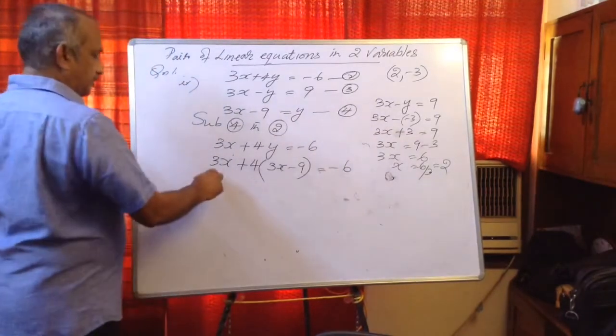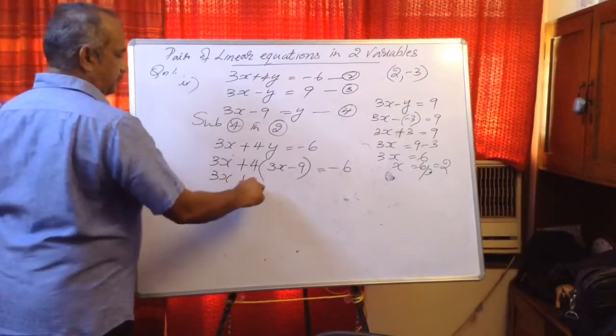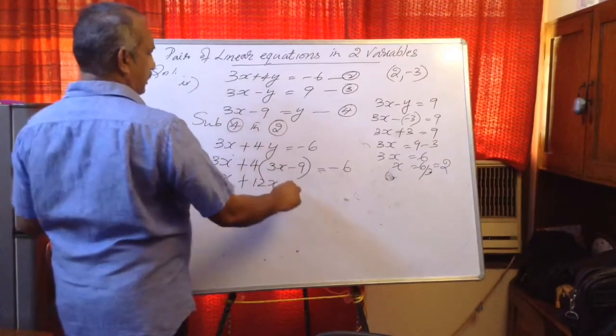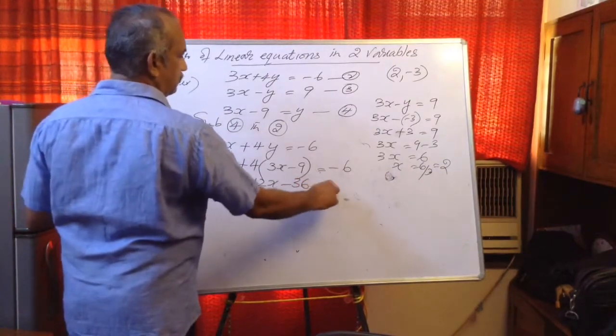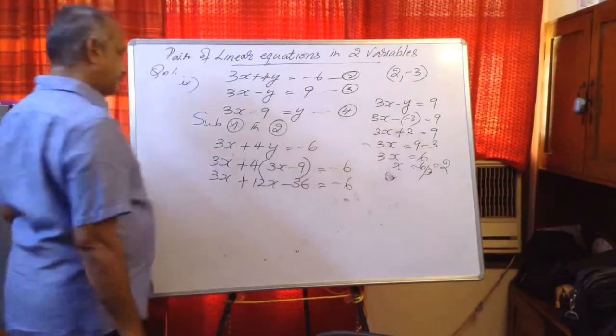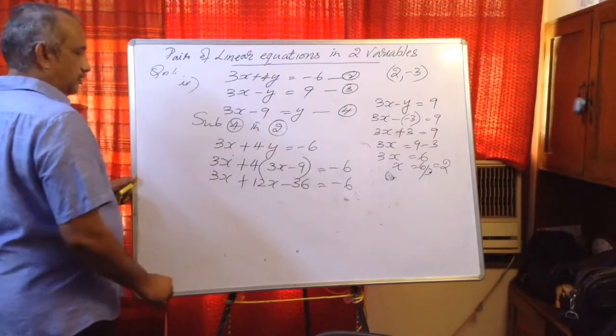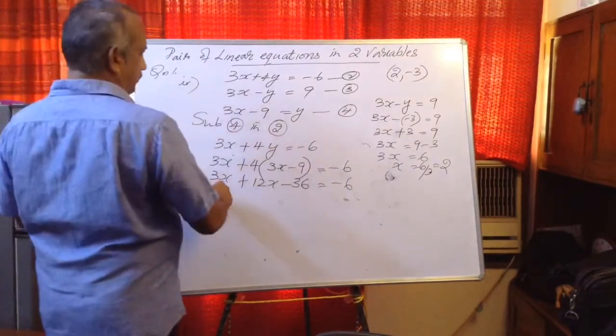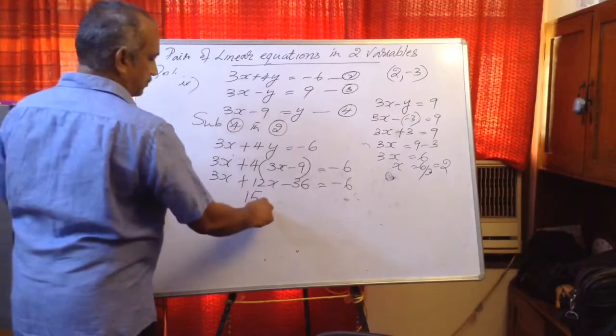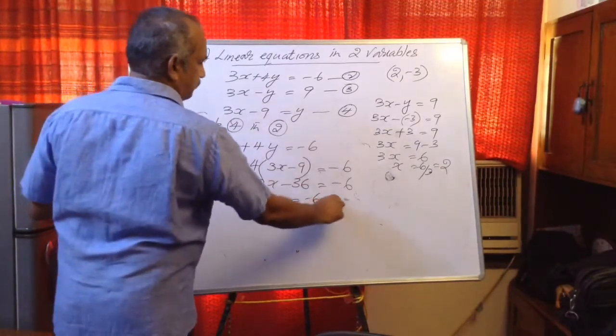Open the bracket. 3x plus 12x minus 9 fours are 36 is equal to minus 6. Now 12 plus 3, 15x is equal to minus 6 plus 36.